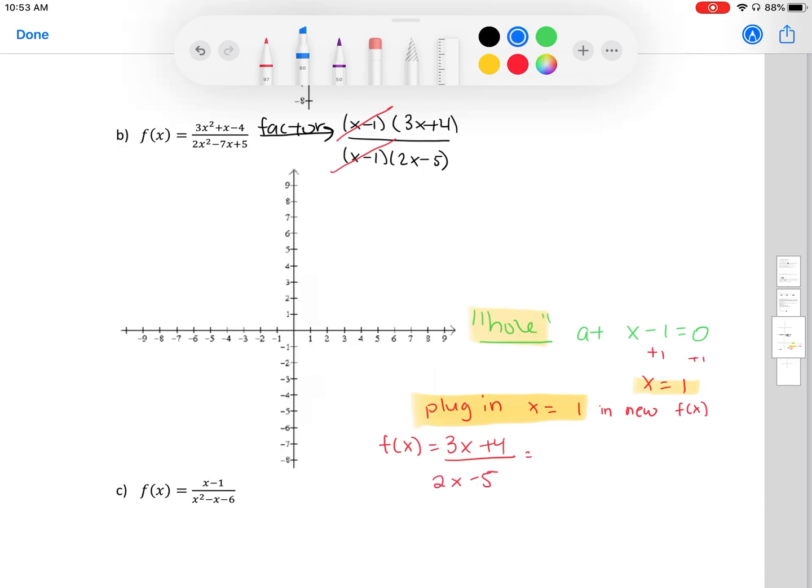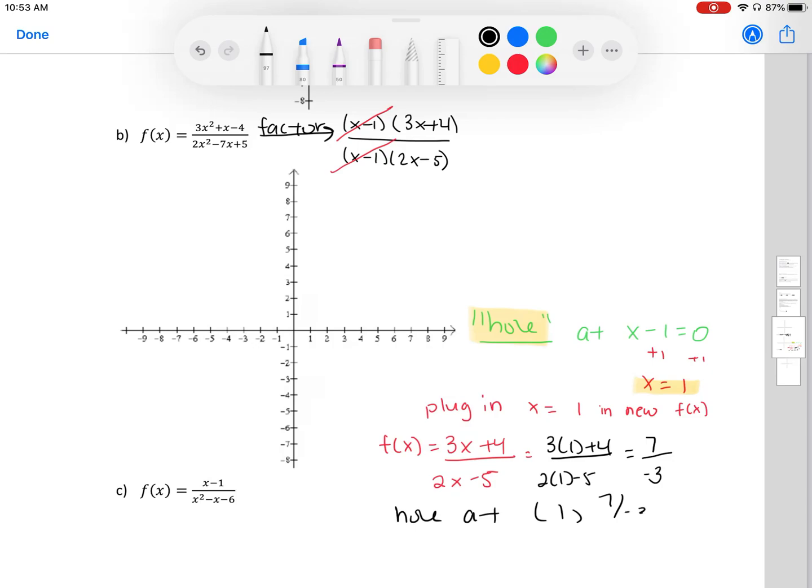So we plug in 1, we're left with 3 times 1 plus 4 divided by 2 times 1 minus 5. So in return, we get 7 divided by negative 3. That's my y-coordinate. So I have a hole at 1 and 7 over negative 3.